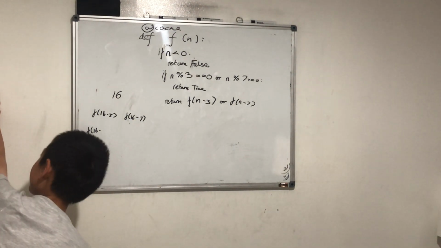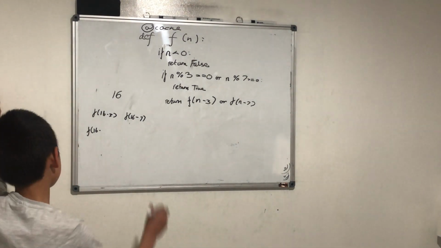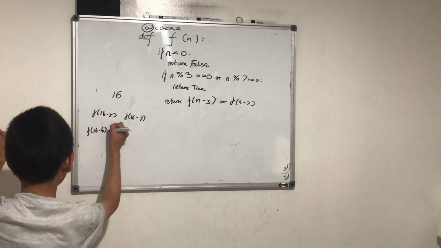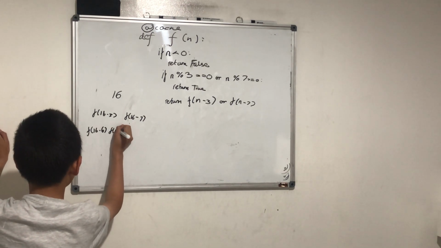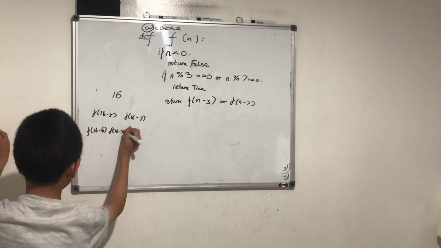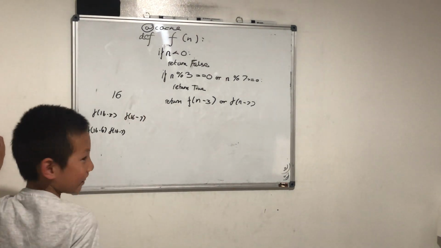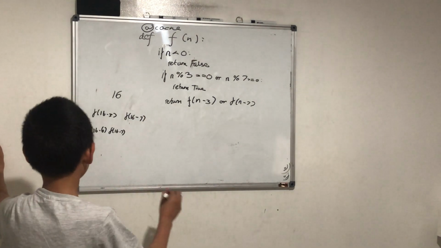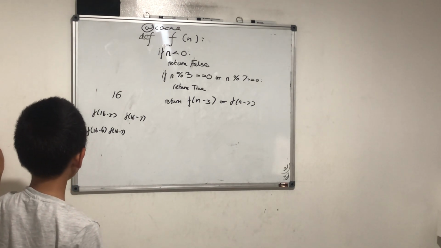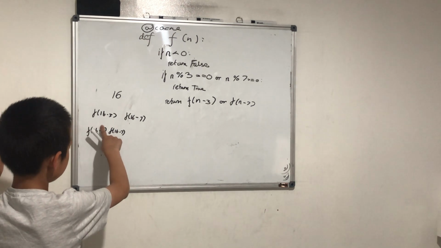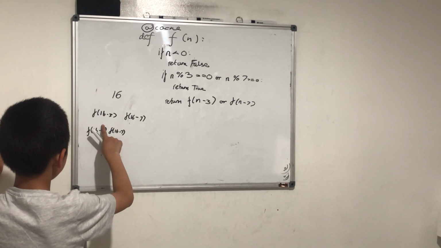Wait, what was it again? 6? Yep. And 16 minus 7. No, wait, oh yeah. Minus 10, right? If you minus 3 minus 7, that would be minus 10. Here, on the right, it's supposed to be 7.